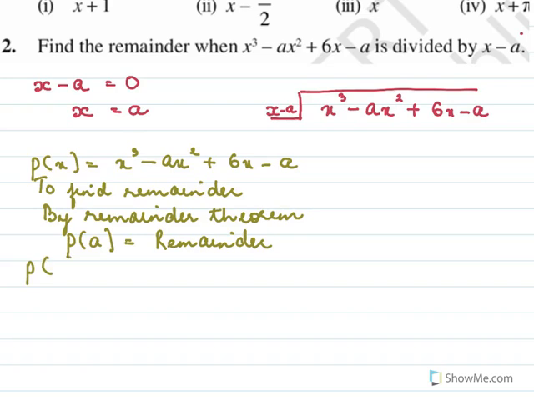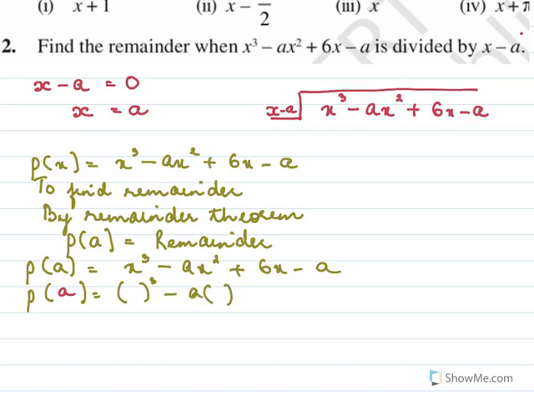So p of a will be equal to, here we have x cube minus ax square plus 6x minus a. Wherever there is x, I will put a.